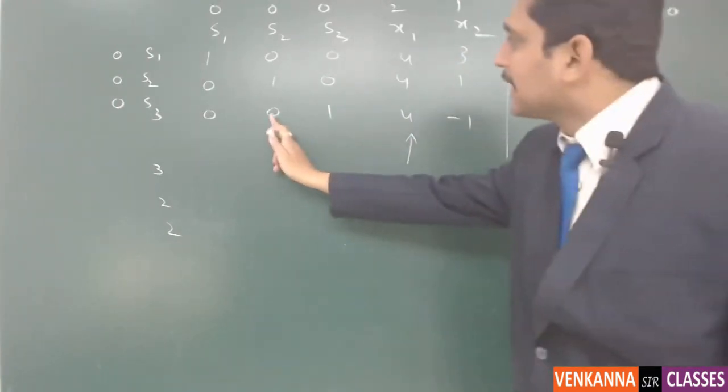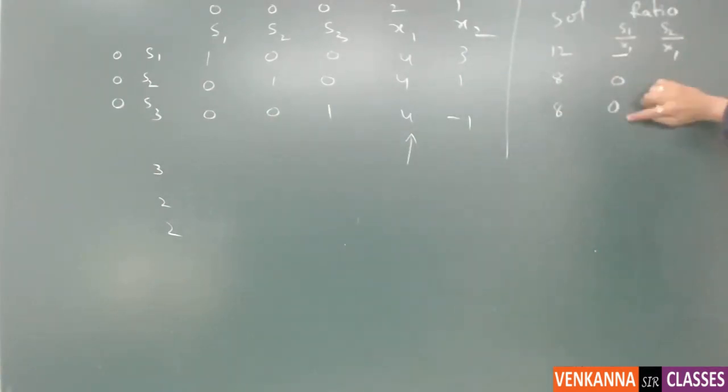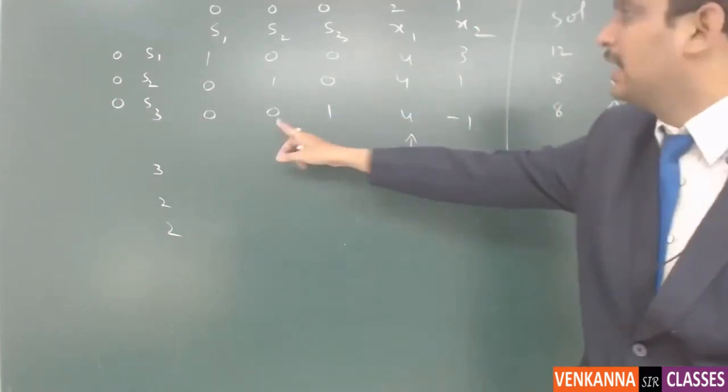Now I take the second column. So what I am doing is S2 by X1. If a tie does not happen here, if you have two different values, you go with the minimum of the two and the necessary pivot element will be taken. If the tie situation happens here, then you take the second column again.